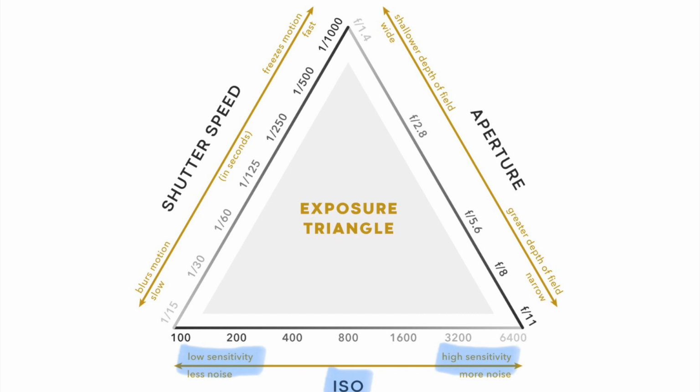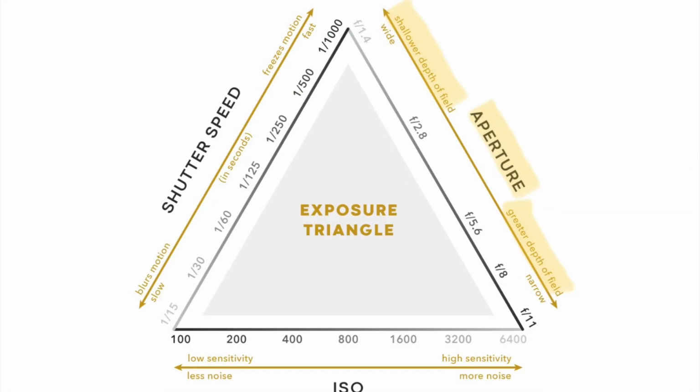The lower the ISO number, the less sensitive the film or sensor is to light. Conversely, the higher ISO numbers indicate greater sensitivity. Higher ISO numbers result in noise or graininess in the photo.